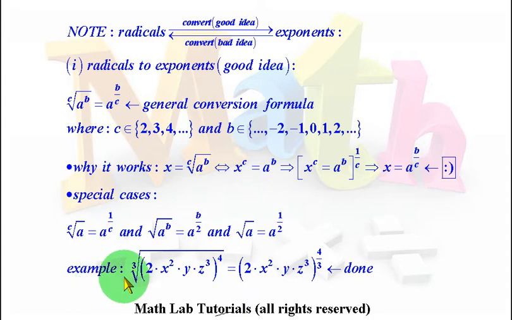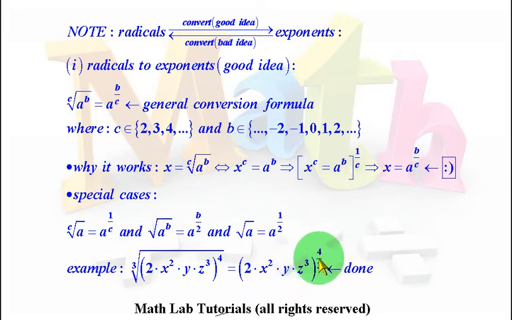The cube root of bracket 2x squared dot y dot z cubed to the power 4 easily converts to, all you do is copy paste this inside the brackets, and then the exponent becomes 4 divided by 3. So altogether you get bracket 2x squared dot y dot z cubed, just copy paste from here.